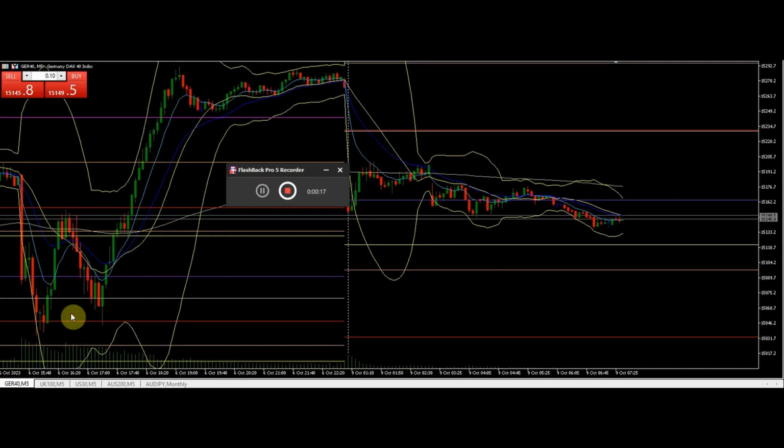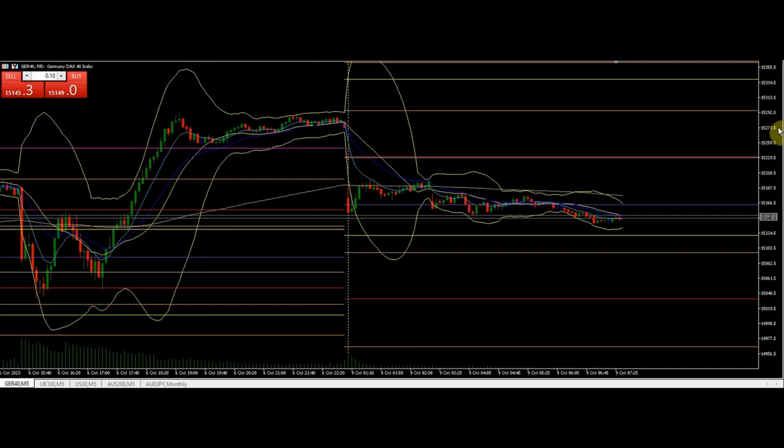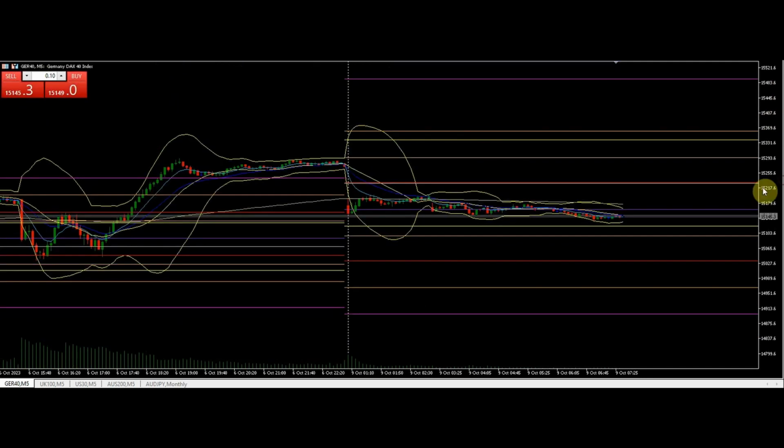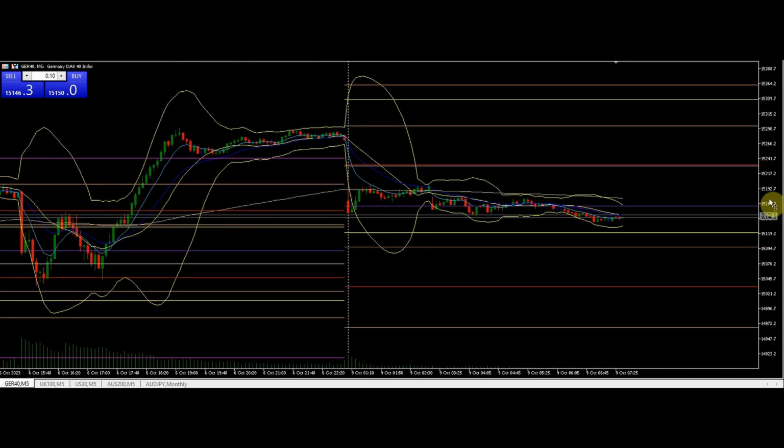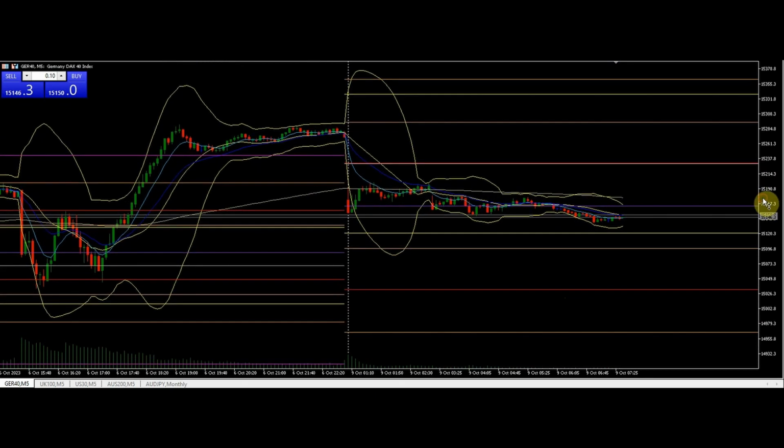We're looking at the DAX, German 40, FDAX in the futures later on, and I've placed the Camarilla breakout pivot points on my 5-minute chart here. I'm just going to have a quick look at the key areas based on these levels that I'll be looking at today.